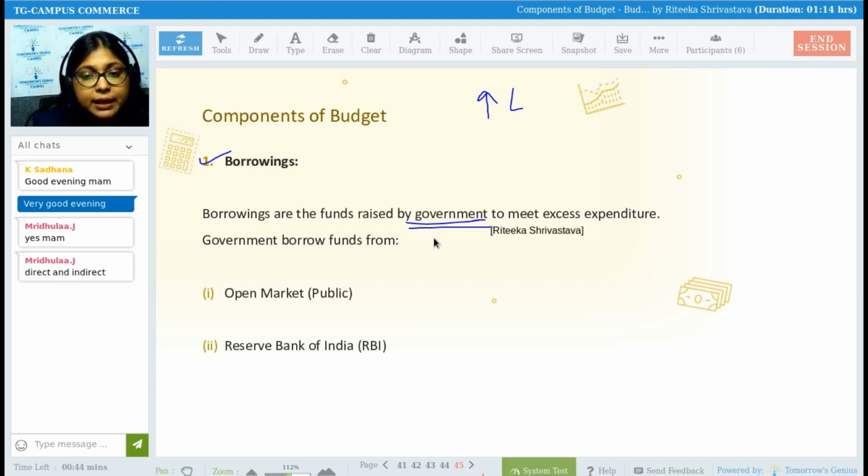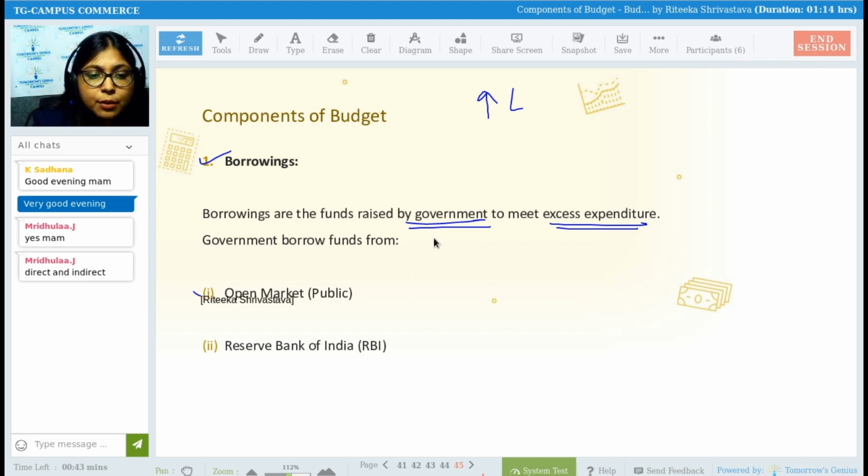Borrowings are the funds raised by the government to meet excess expenditure. Of course, when will the government do borrowings? Whenever the government feels short of money and does not have enough money to do the expenditure, that would be the period wherein the government is going to do borrowings and raise funds.